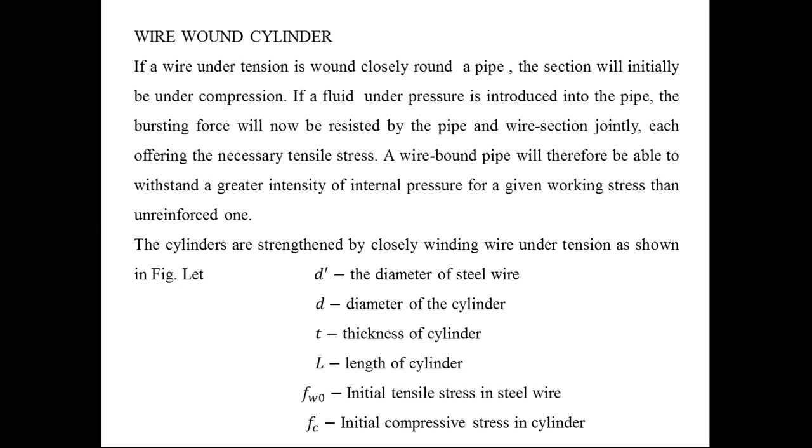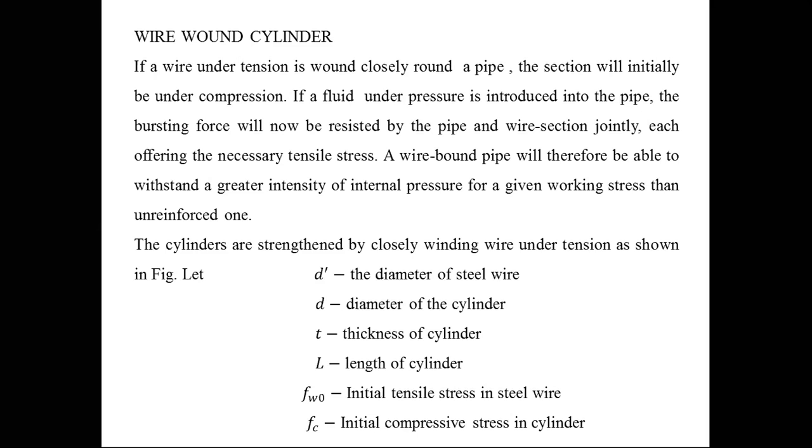Why, sir, are wire wound cylinders used with thin cylinders? This is the main concept. Wires are only tensile in nature. So suppose you wind that wire round a cylinder, then the tensile stress in the wire will act as external pressure on the cylinder, as a compressive hoop stress.